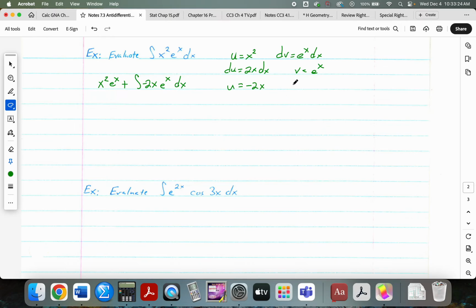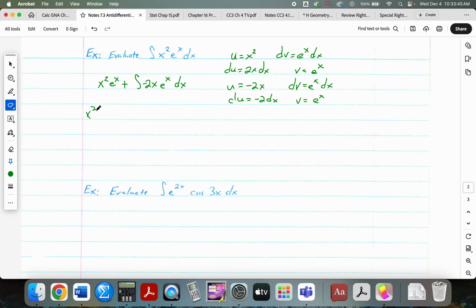Years ago, I was like, I'm going to stop doing that. And then dv is e to the x dx again. So du is negative 2 dx. And v is the antiderivative of e to the x, which is e to the x.